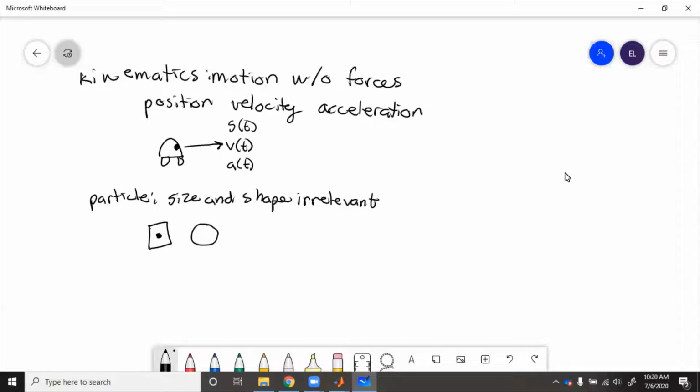It could be a circle, everything's concentrated at the center. It could be a car. We're not going to differentiate between front of the car and back of the car. We're just going to say the car is at the dot. So in a place where size and shape don't matter, then you don't have to worry about tipping and you don't have to worry about wind resistance. You're pretty much just concerned about where is the object and how fast is it moving.